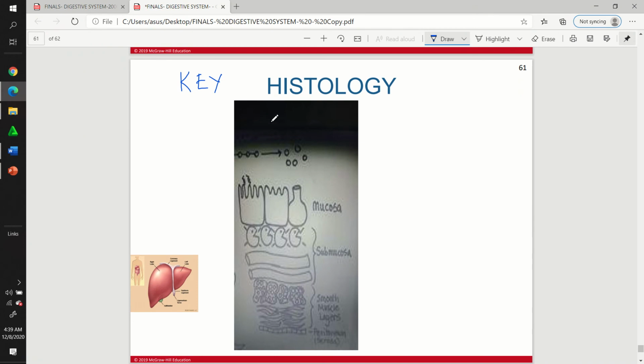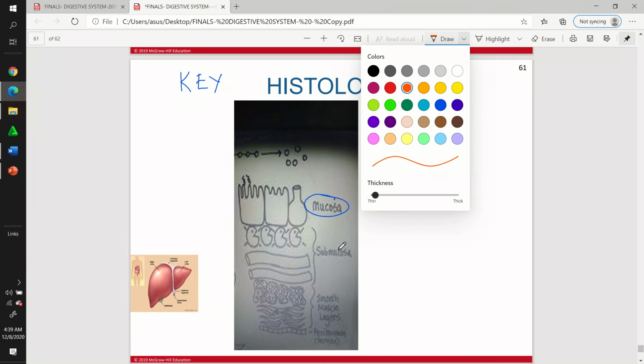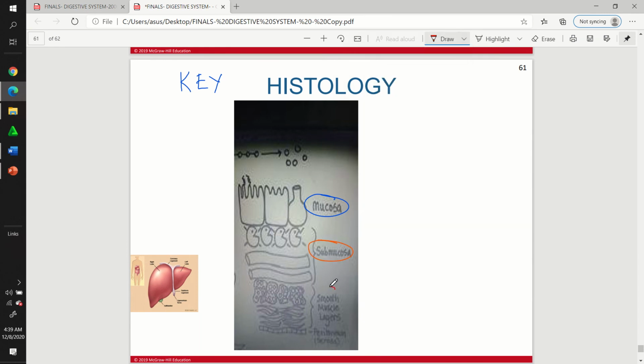So basically, we have four layers of your intestinal mucosa. As you can see, we have here your mucosa, we have here your submucosa, and then your smooth muscle.